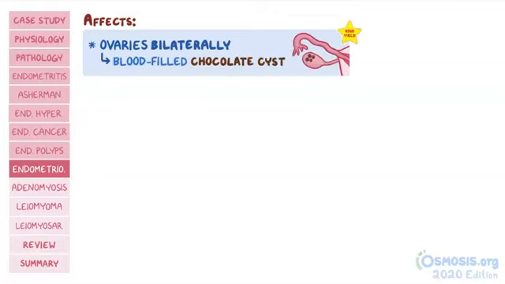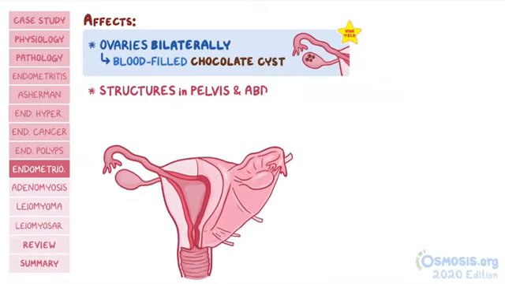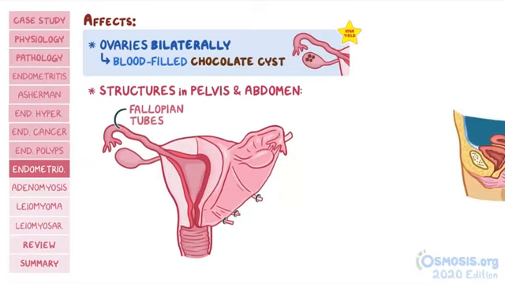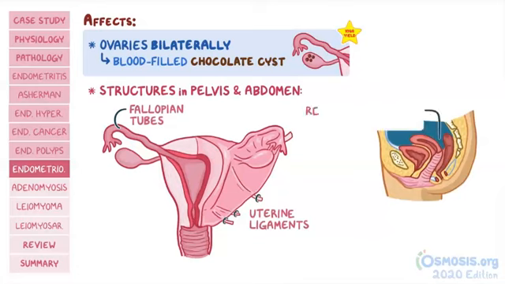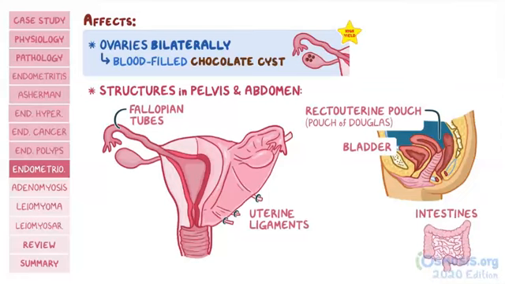But it can also affect other structures in the pelvis and abdomen like the fallopian tubes, the uterine ligaments, the rectouterine pouch, also called the pouch of Douglas, and even the bladder or the intestines. Another high-yield fact is that these implants classically appear grossly as yellow-brown gunpowder nodules.